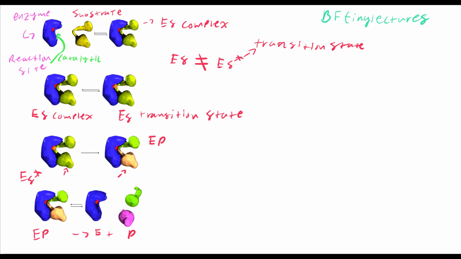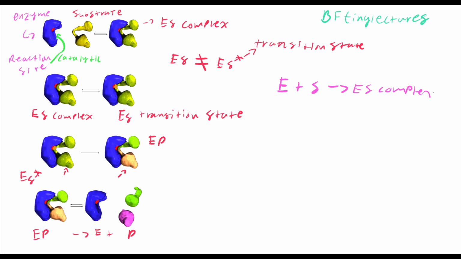So overall, the reaction would have to be this, right? The reaction is this. The enzyme, and let's do that in a nicer color. The enzyme plus the substrate first gives you the ES complex. Okay, that's just a combination of the enzyme and the substrate, nothing else.